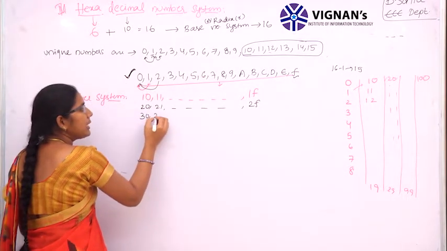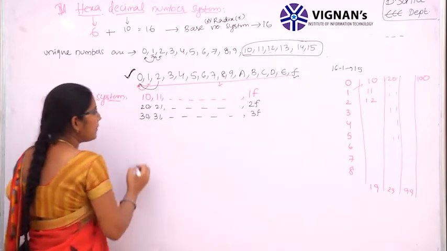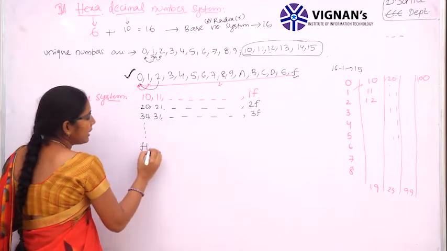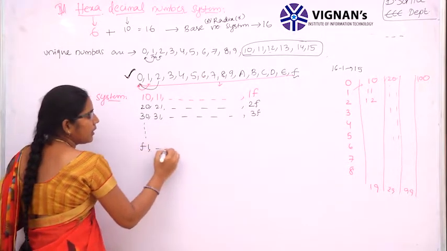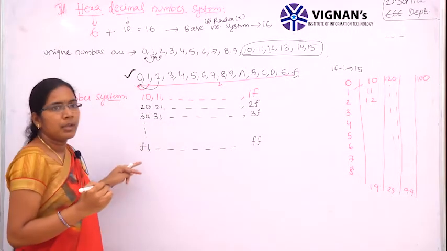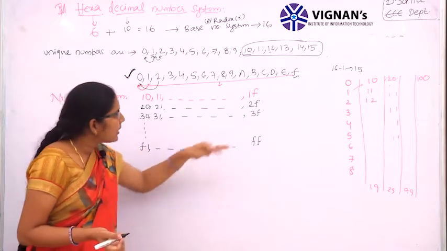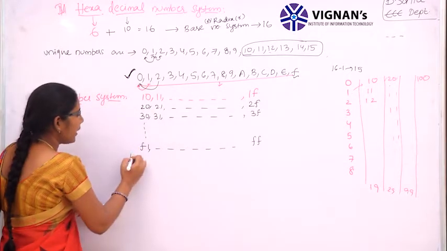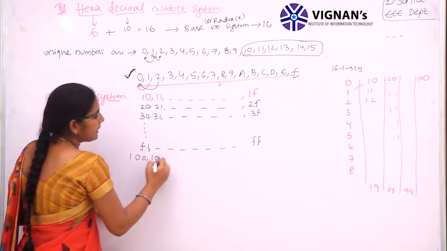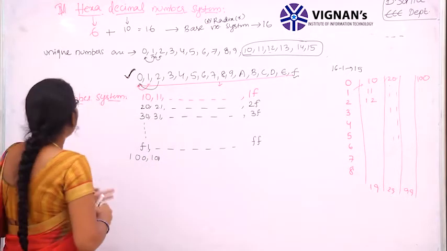Similarly, 3 with minimum unique number till 3 with maximum unique number. And finally, F with minimum unique number and F with maximum unique number. In this way, we can develop 2-digit numbers. Next, the 3-digit numbers are formed 1 with 00, 101, like that. We can develop this number system.